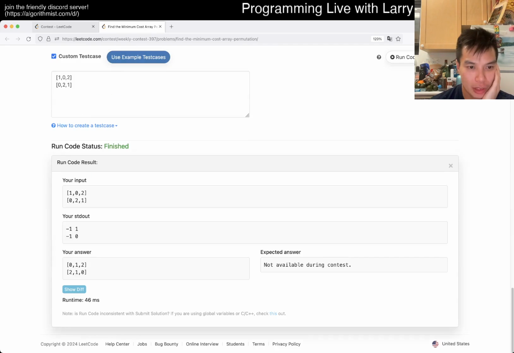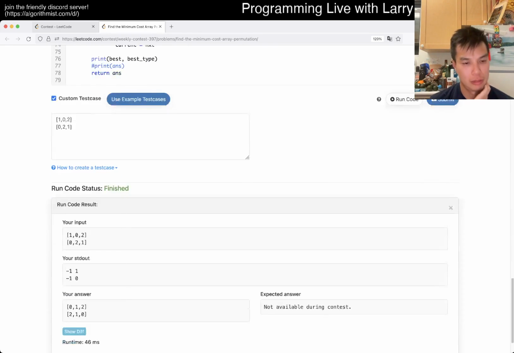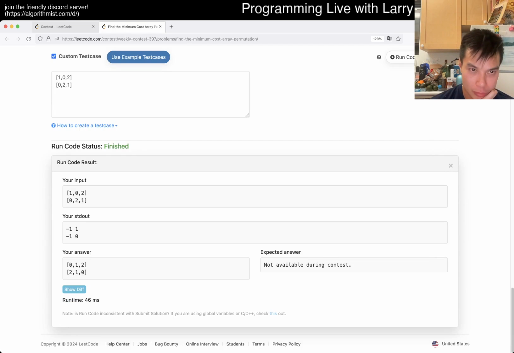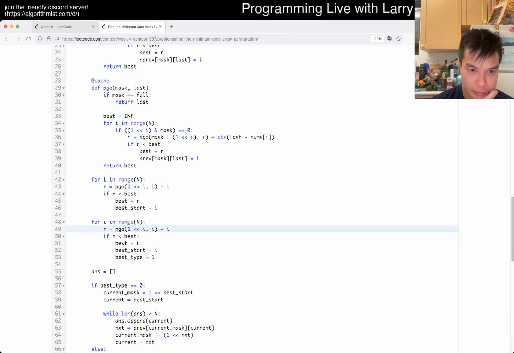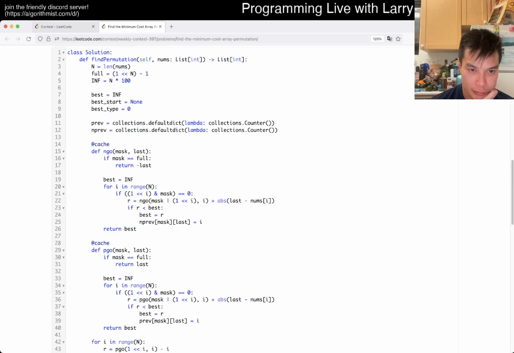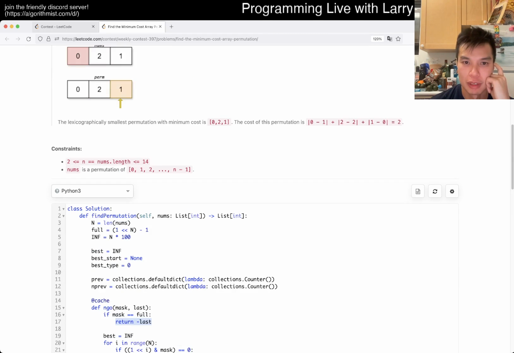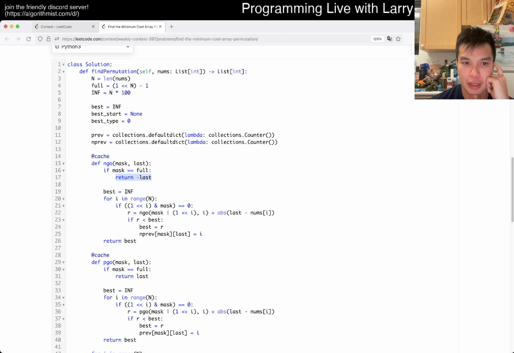So the last is going to be this always returns the least. So it returns a negative thing, but if last is too big, then what happens? How do we do that?